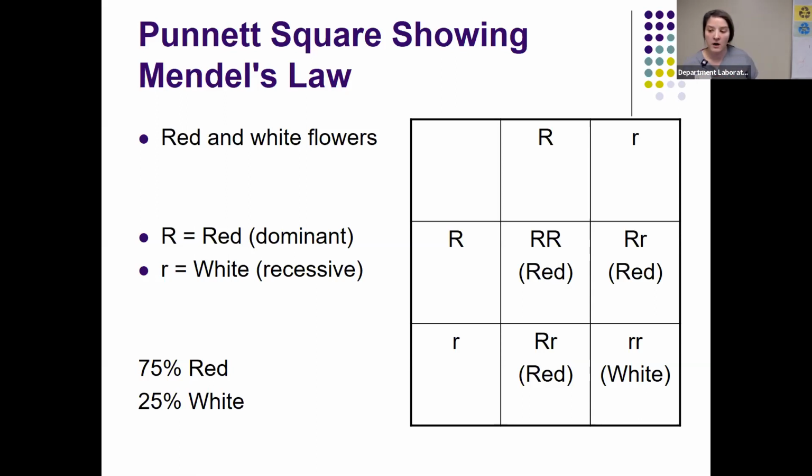Notice that red is dominant, meaning that even if you have both the dominant trait and the recessive trait, the flowers are still red, okay? And then you can use frequency to determine what the outcome of the offspring would be. So in this example, the offspring has a 75% chance of having red coloration, only 25% white.